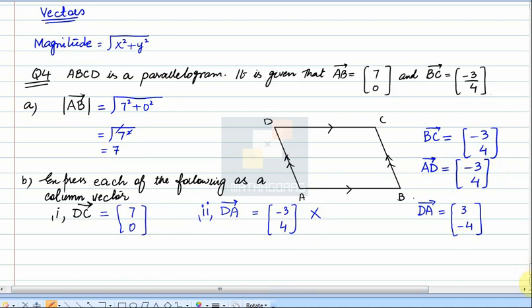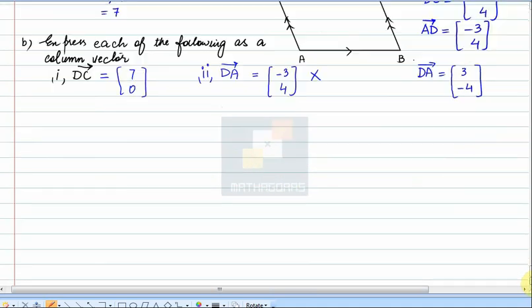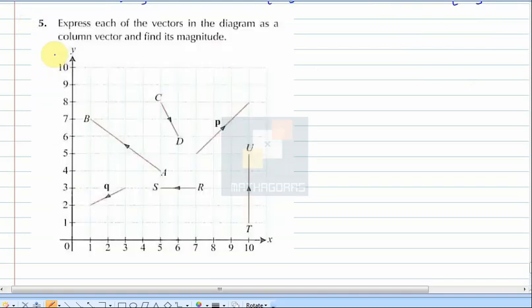After question number 4, moving on to the next question, question number 5. As you can see on your diagram, it says express each of the vectors in the diagram as a column vector and find its magnitude. So let's suppose I will begin from AB. What is the vector of AB? First I need to find the value. If I am starting from A and I need to reach point B, where should I move?